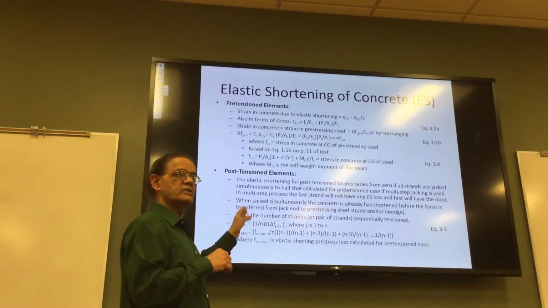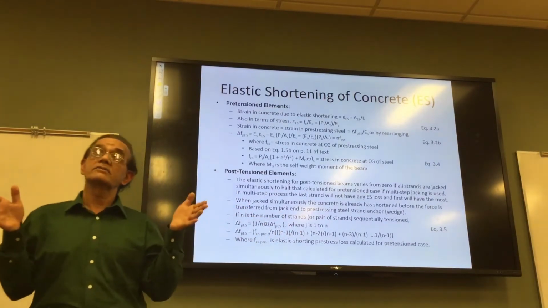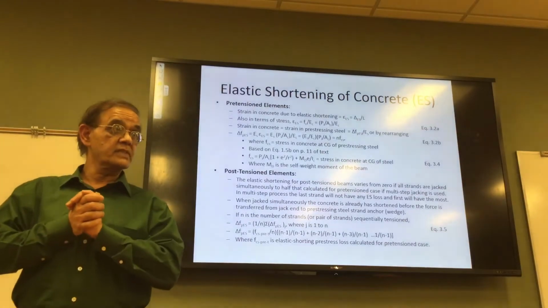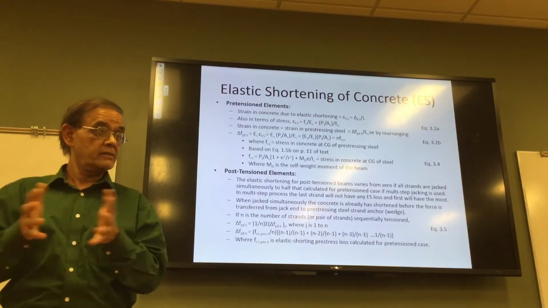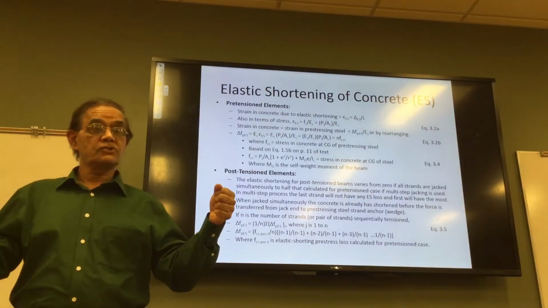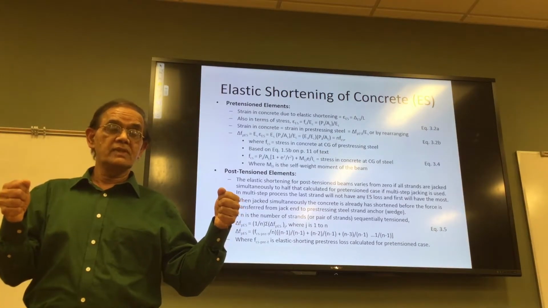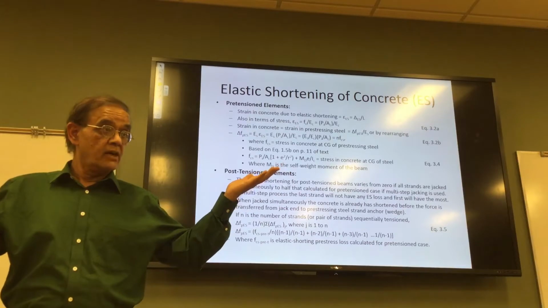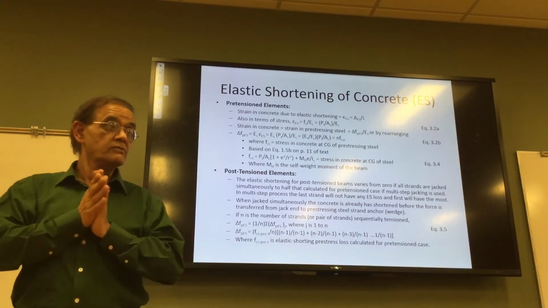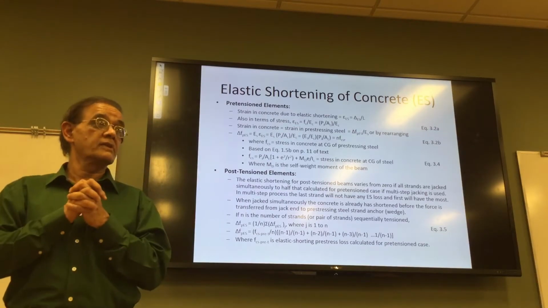Then that 6-inch shortening of the length of the beam is also shortening the length of your pre-stressing strand or bar or wire, right? If you take a wire and apply a force, then you shorten it, because the force is already gone by then, it won't have the tension you started with.